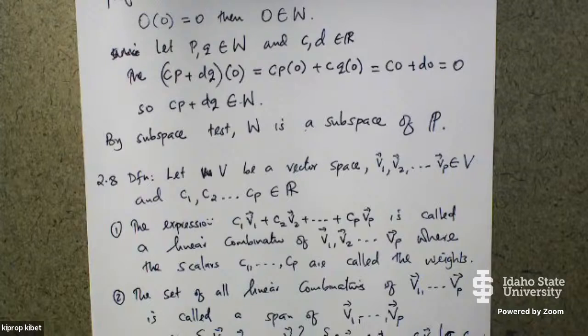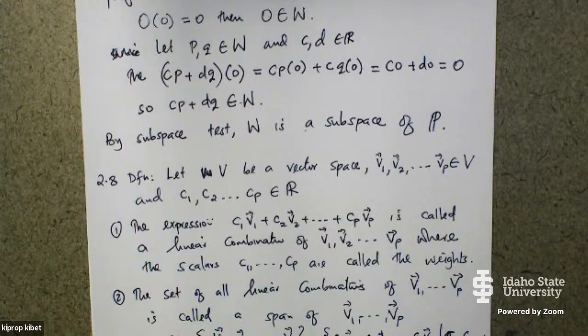This definition we already did. We had this one in the previous section. I also gave you this one in the first example. So the linear combination is when you multiply the vectors by the coefficients, C1, C2, and add them up.